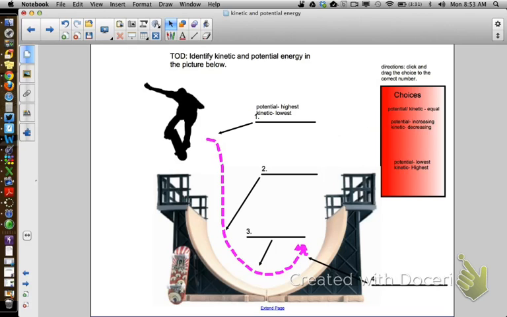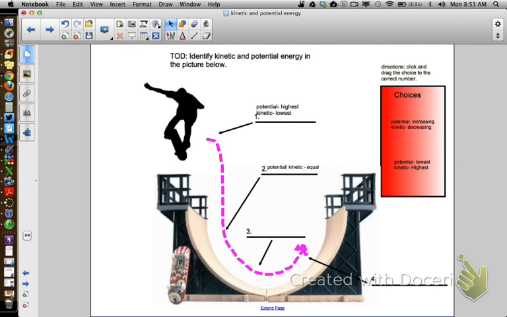As he falls, he's accelerating, so his kinetic energy is increasing. At the midpoint between the top of the jump and the bottom of the half pipe, they're about equal.